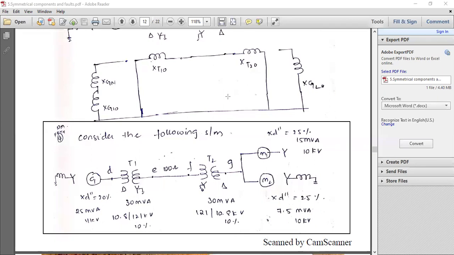The primary winding of transformer 2 is star connected with neutral grounded, and the secondary is delta connected. On the secondary side of transformer 2 you have the load section, motor 1 and motor 2. The ratings of the different elements are already mentioned in the problem itself.